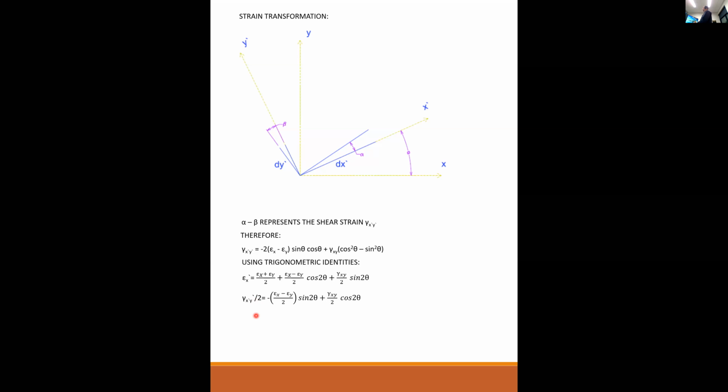But that is equal to minus epsilon x minus epsilon y over 2 sine 2 theta plus epsilon xy over 2 cosine 2 theta. And lastly, epsilon y prime is epsilon x plus epsilon y over 2 minus epsilon x minus epsilon y over 2 cosine 2 theta minus gamma xy over 2 sine 2 theta.